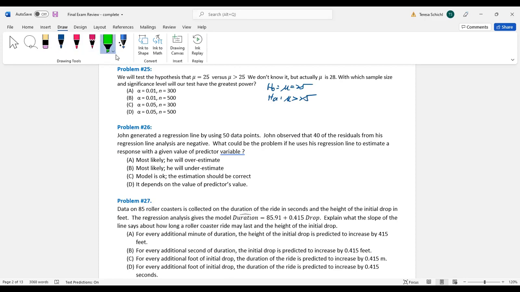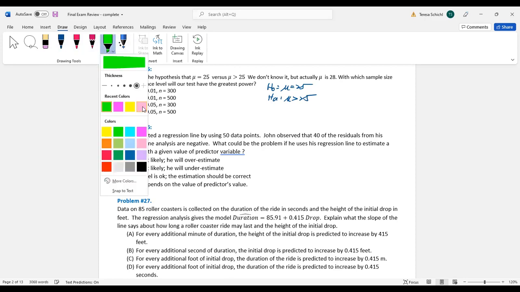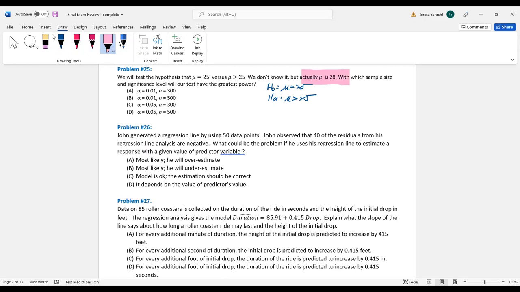Let's highlight the information. The actual mu is 28, so this statement gives us that H0 is false.